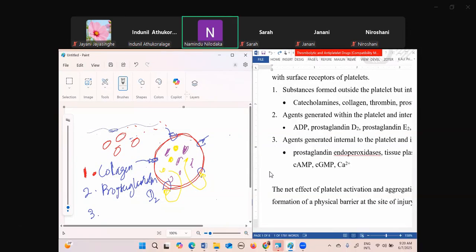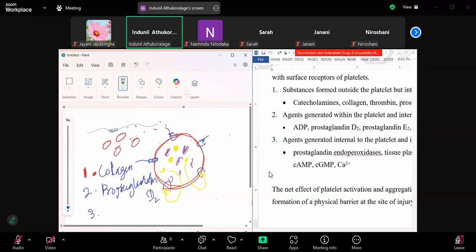Prostaglandin endoperoxidase, which is an enzyme, cAMP, cGMP, calcium. Those things are generated inside and also act internally.